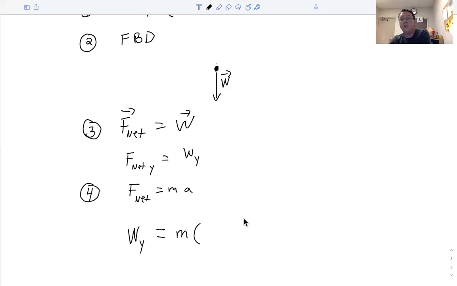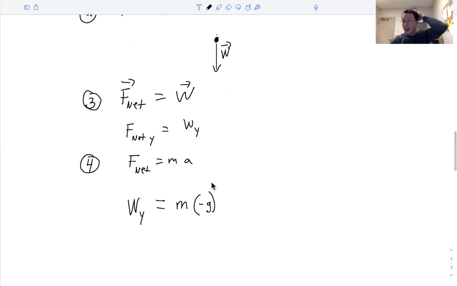But since this is in free fall, we know that the acceleration in the y direction is minus g. And we know that every object has the same acceleration. And so this formula for weight must be true for all objects. The only effect is this overall factor of mass.